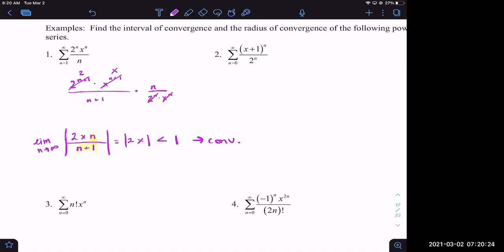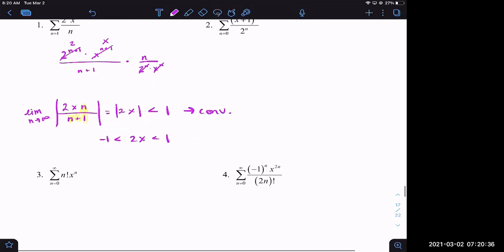So we want the absolute value of 2x to be less than 1. If the absolute value is less than 1, then 2x is sandwiched in between -1 and +1. So again, this should seem a little familiar to what we did with the geometric series. Then we solve for x. So to solve for x, we're going to divide by 2. So x is between -0.5 and +0.5.